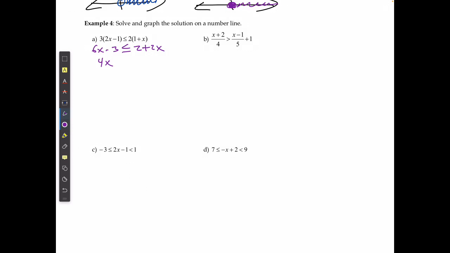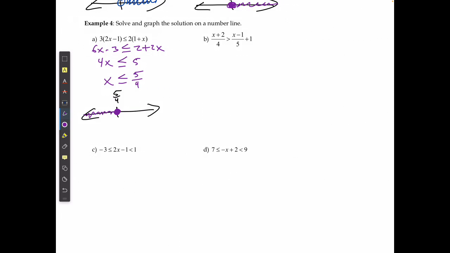I'm going to add the 3 to both sides and get 5. And then I'm going to divide both sides by 4. X is less than or equal to 5 over 4. And I'm going to put the answer on a number line. Fill my dot, and then shade to the left because it's less than.